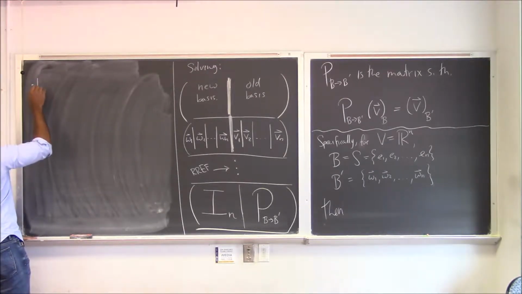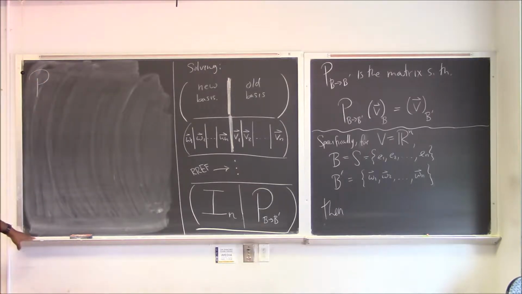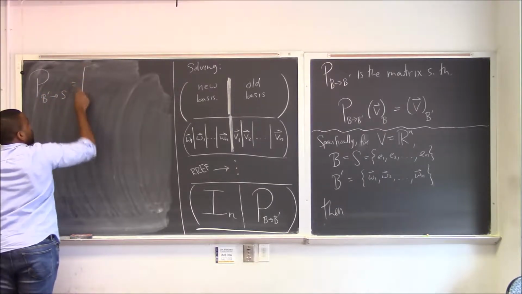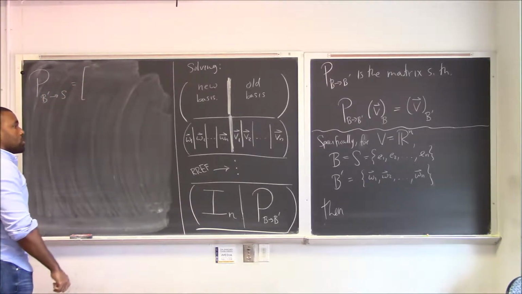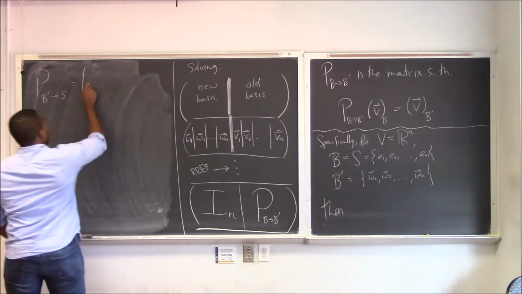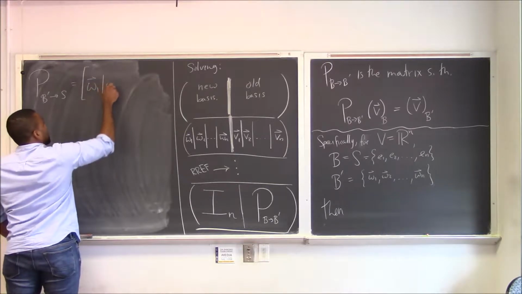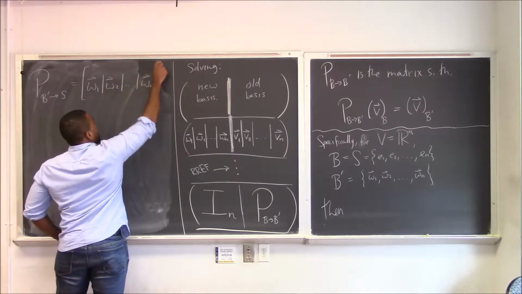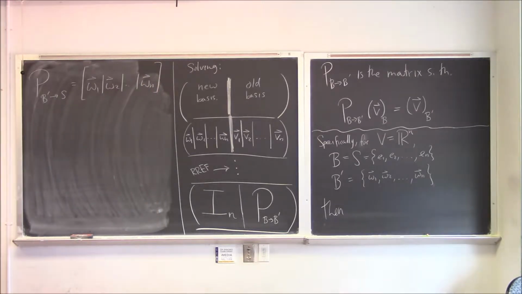Then the transition matrix that goes from B prime to the standard will literally just be just the columns of this guy. Right? And you don't really have to do anything.